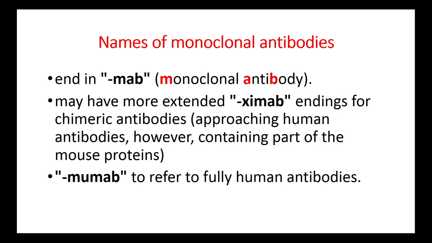This ending explains to us that chimeric antibodies approach human antibodies, however, contain part of the mouse proteins. I will explain next how it happens. And maybe MUMAB refers to fully human antibodies.